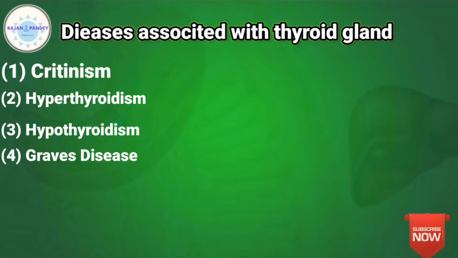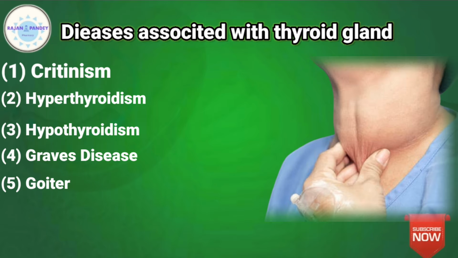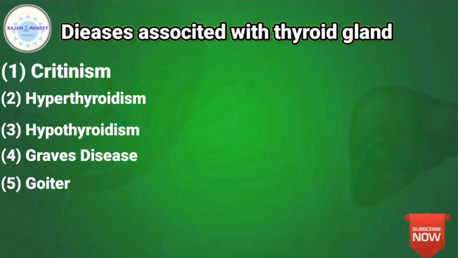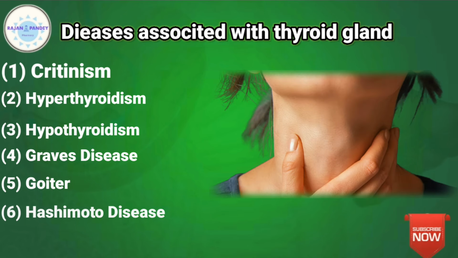The next disorder is goiter. Goiter is defined as the enlargement of the thyroid gland without signs of hyperthyroidism. It occurs due to deficiency of iodine. The next disease is Hashimoto disease. It is an autoimmune thyroiditis discovered by Japanese surgeon Hakaru Hashimoto in 1912.